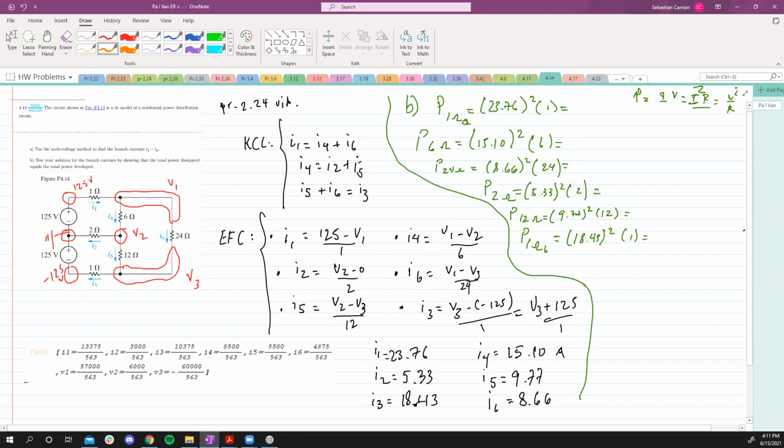So power developed by 125 volt source A, I'm just gonna say I times V. So we know current I1 is 23.76 times 125, then power of 125 volt B is I3, so I3 is 18.43 times 125.